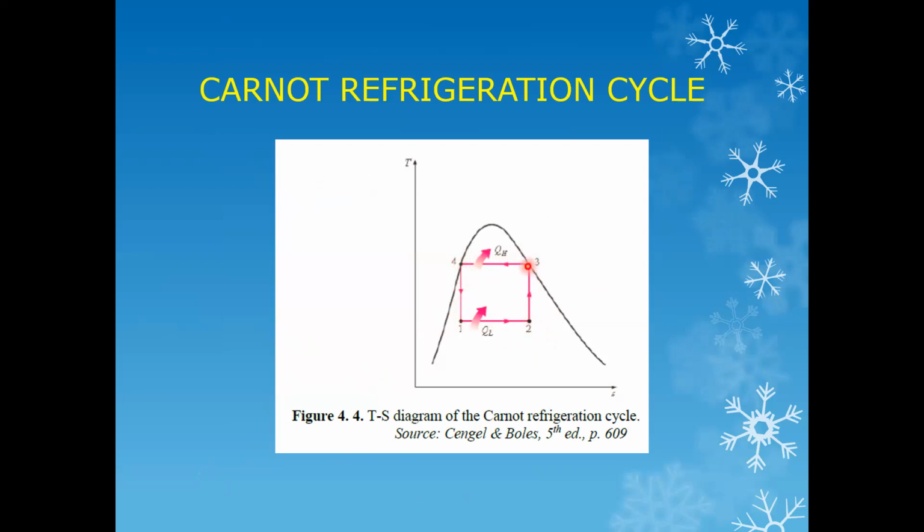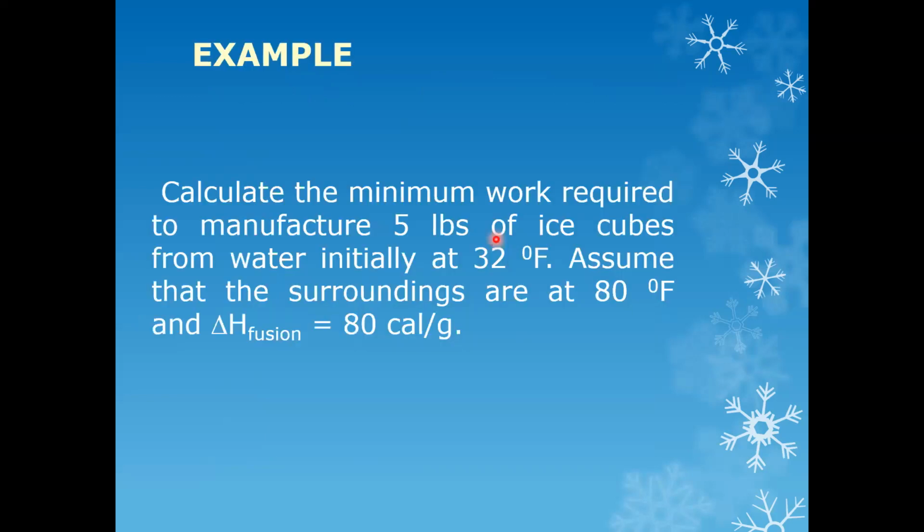Compression, then condensation, then expansion, evaporation. QL or QC is absorbed here, and it's dumped here at the top in the condenser.